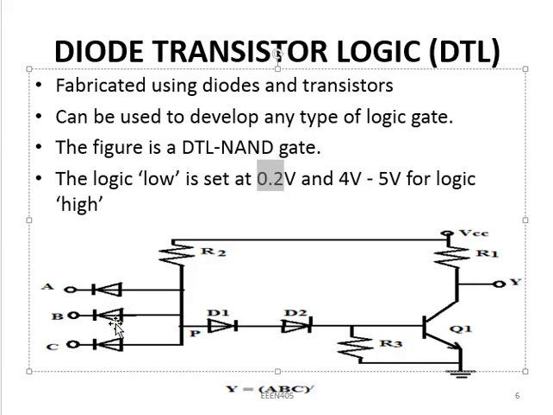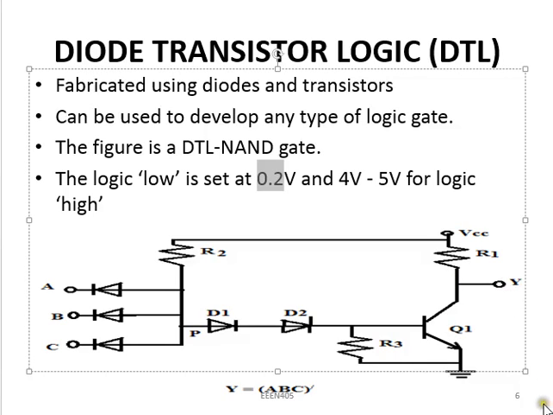So if they are not conducting, the voltage that comes from VCC will be present at this point P, and we said it should be either 4 or 5. Whatever the value is, it is more than the required 2.1 to make this transistor conduct. So in that situation, our Q1 is conducting, so whatever comes from here can go to the ground, which means the output should be low.